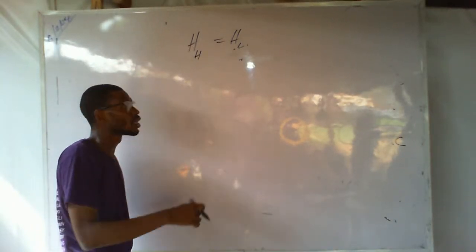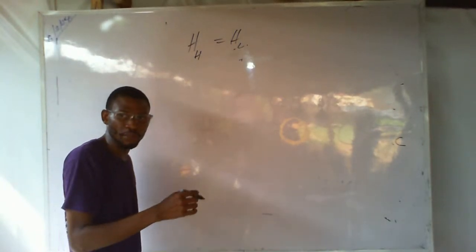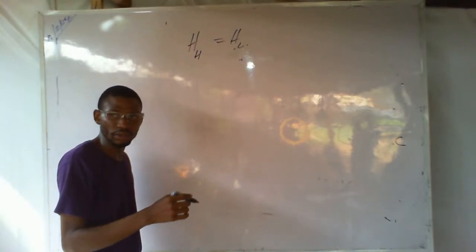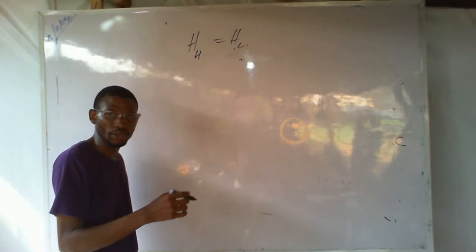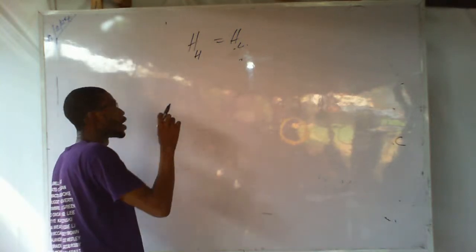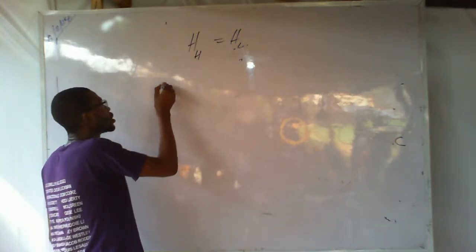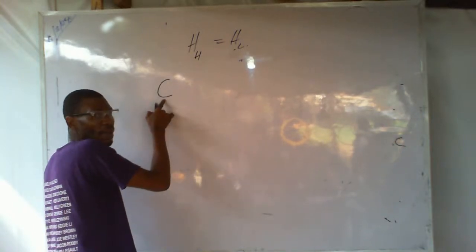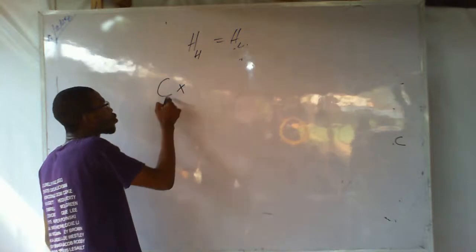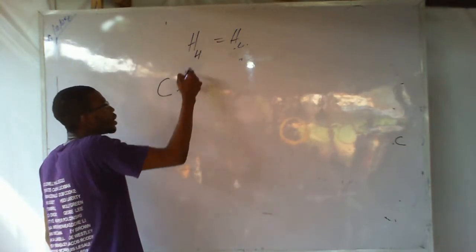Are we together? What is the first temperature we are given? 100 degrees Celsius. For which one? For the metal. Look at it here. This is the heat capacity, the quantity of heat. Then multiply the quantity of heat by the change in temperature.